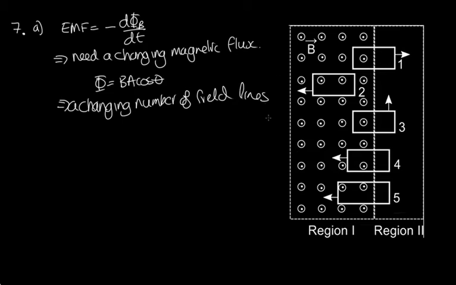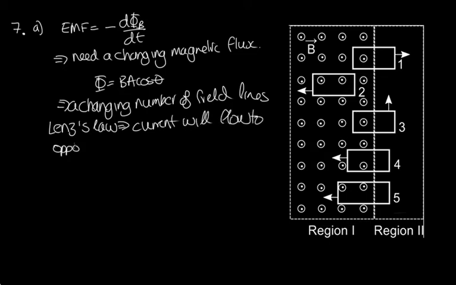If we have a changing number of field lines passing through our loop, then we will have an induced EMF and we will have a current flowing. And from Lenz's law, this tells us that current will flow to oppose the change.